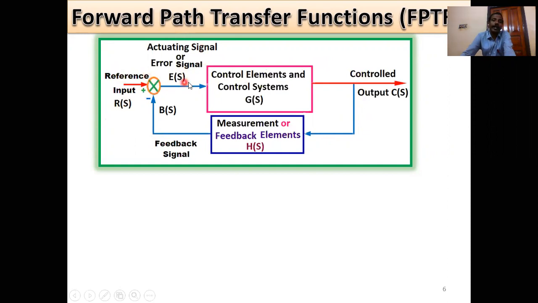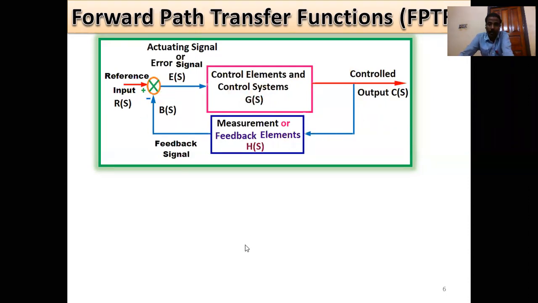Next, this signal is called the actuating signal or error signal, E of S, and this is the control elements or control system, whose gain is G of S, and the output of G of S is the controlled output. So this is the reference input, this is the controlled output, this is the control system gain, this section is the actuating or error signal, and this is the feedback path.